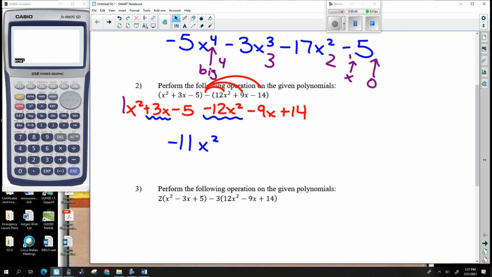X squareds go down to x's, so x's with x's. That would be positive 3 and negative 9, so that's negative 6. Beyond x's are normal numbers. I have negative 5 and positive 14, so that's going to be a positive 9.